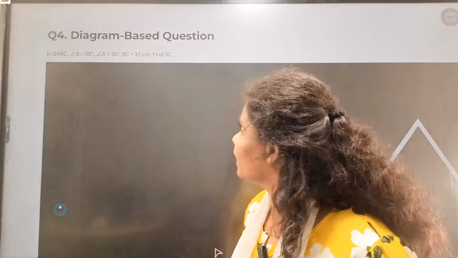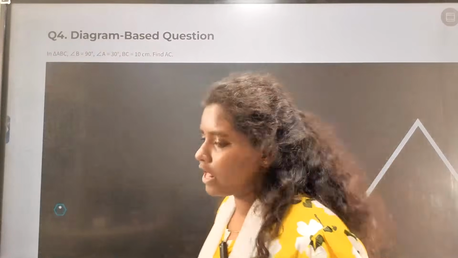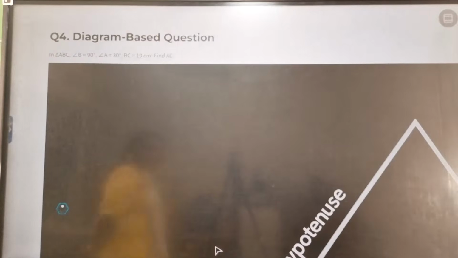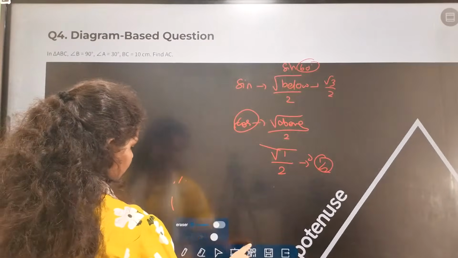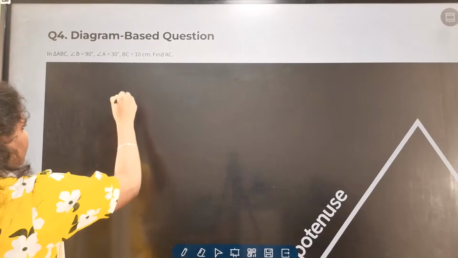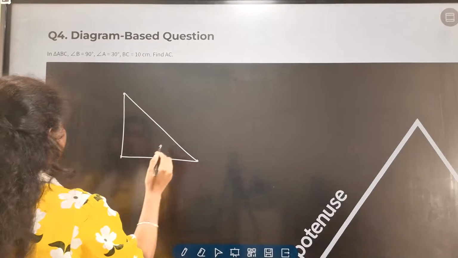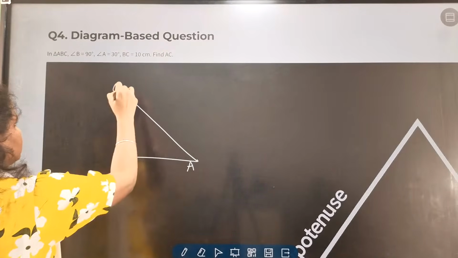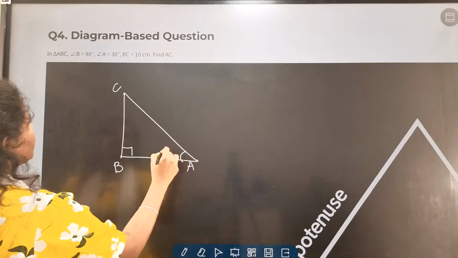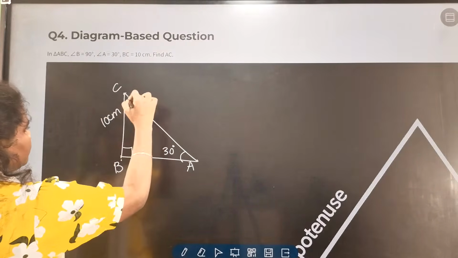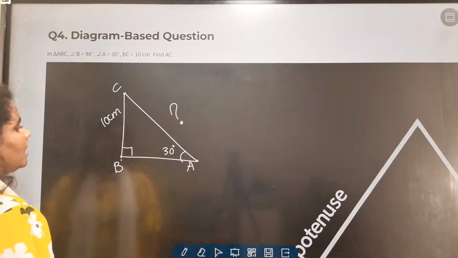Can you try and say what is the value of the AC side? See, right angle triangle, B is 90 degree, A and C. So A is given as 30 degree and BC side is 10 centimeter. We have to find the AC side.